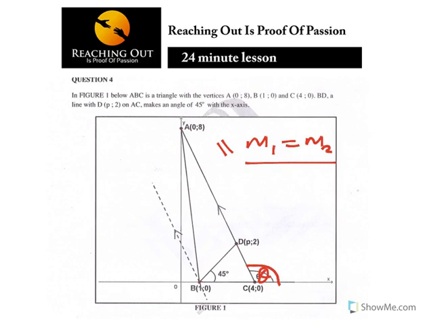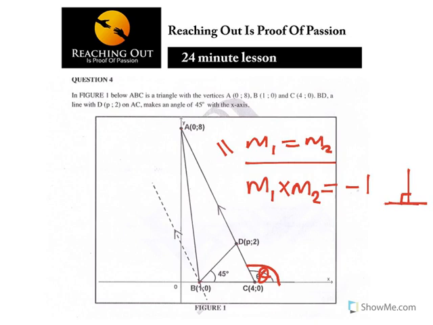The gradient of BD was given in the first question as 1. Perpendicular lines, you must remember, M1 times M2 is equal to minus 1. This is for perpendicular lines. The first one was for parallel lines.